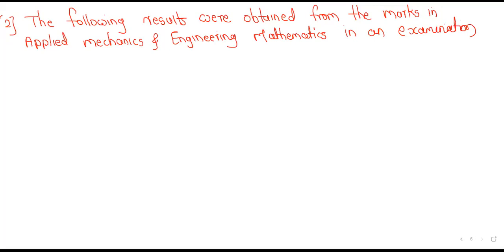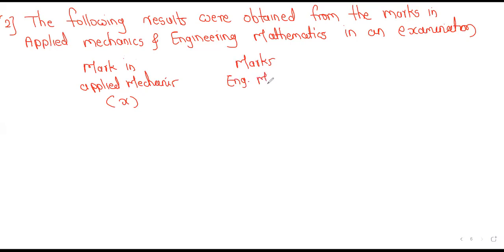So first of all, write down marks in applied mechanics, which we are going to denote by X, and marks in engineering mathematics, which we are going to denote by Y. But we have been given the mean and standard deviation.